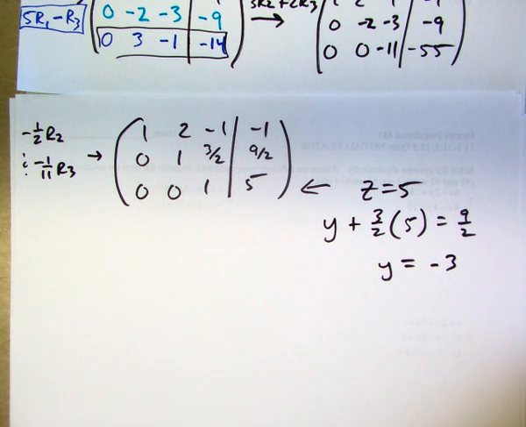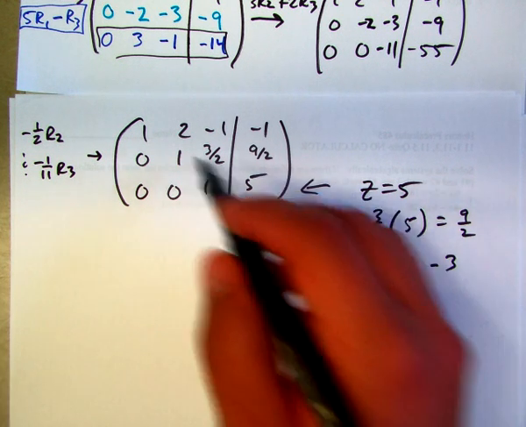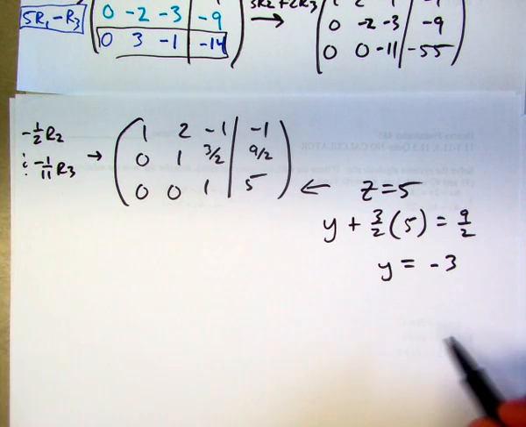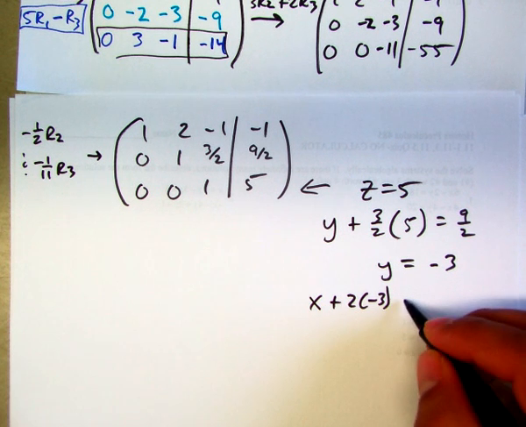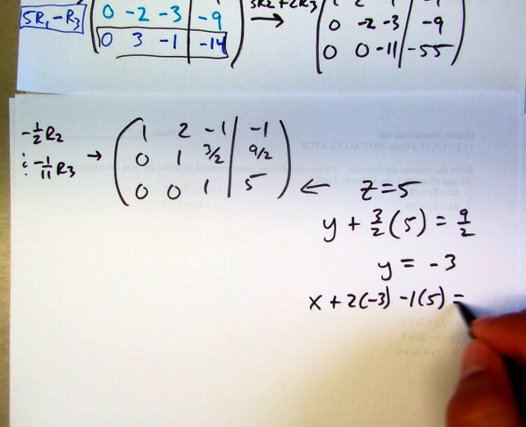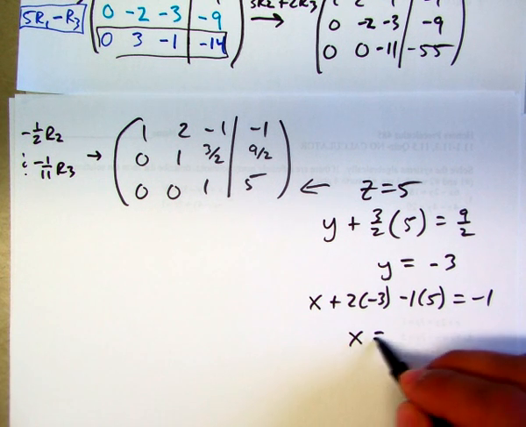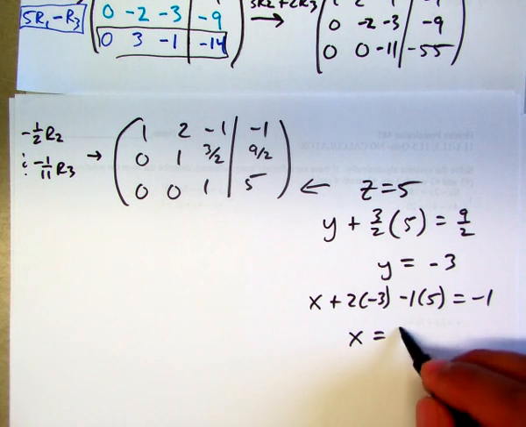So then we get y is equal to negative 3. And then now that I know that z is 5 and y is negative 3, we go all the way back to the first row, and I get x plus 2 times y, which is negative 3, minus 1 times z, which was 5, equals negative 1. So that's negative 6, that becomes 5, add another, that becomes 10.